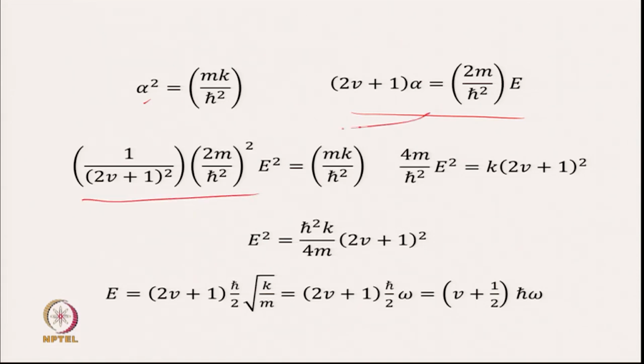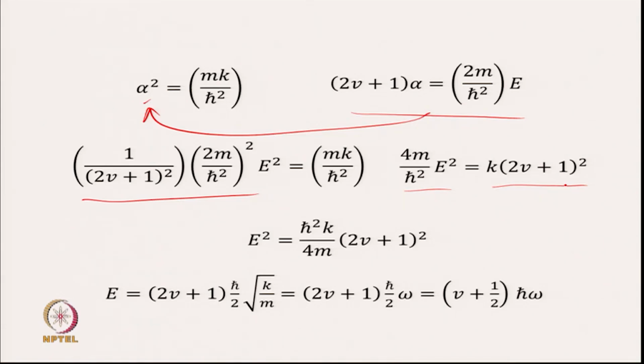From the first assumption this is equal to mk by h bar square, and if we cancel the common terms on both sides, what you will get is 4m by h bar square into e square is equal to k times 2v plus 1 square.